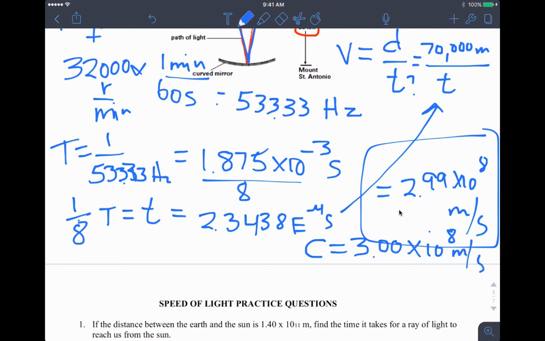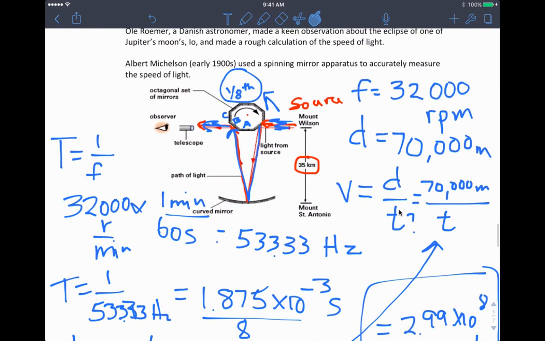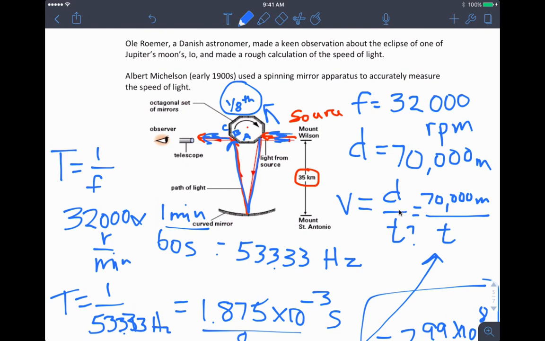And whenever you're calculating the speed of light using a Michelson mirror, sometimes in the question they'll change the number of panels on the mirror. They'll say it's a 7-sided mirror, or a 12-sided mirror, or a 10-sided mirror. Based on that, all you're doing is changing this right here. So instead of an 8th, it would be a 7th, or a 10th, or whatever.